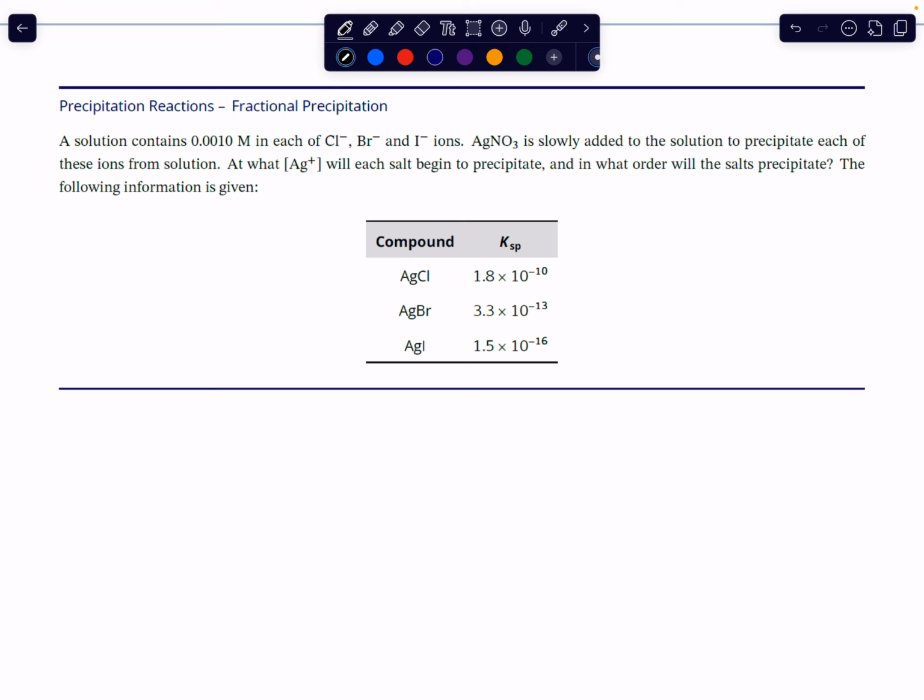So the idea here is that each of these salts will, of course, not precipitate at the same time. So one of them will precipitate first, and then we'll be able to remove that salt first. And hence we have removed that ion that the salt contains alone.